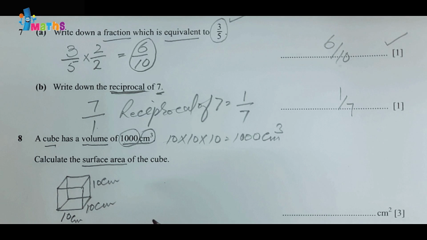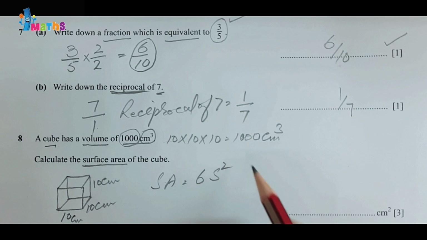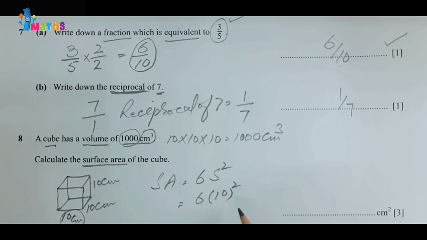Now formula for surface area of a cube is equal to 6 into side square, s square. So s in this case is 10. So we'll replace the value of s. So we will get 6 into 10 square. Always replace values in brackets.